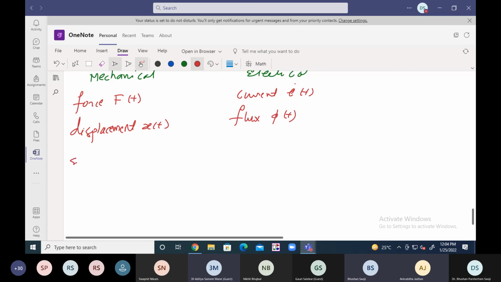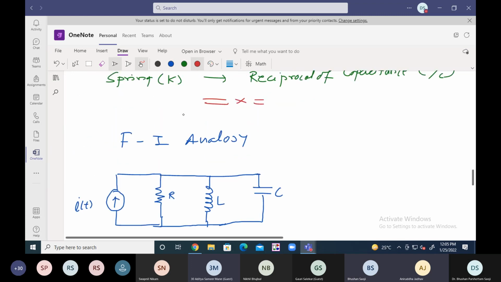Then there is a speed, dx t by dt, and here there is a voltage, that is the rate of change of flux. Here we have taken the rate of change of displacement, so here we take the rate of change of flux. Here is x of t, here is dx t by dt, here is phi of t, here is d phi t by dt. d phi t by dt is called voltage.